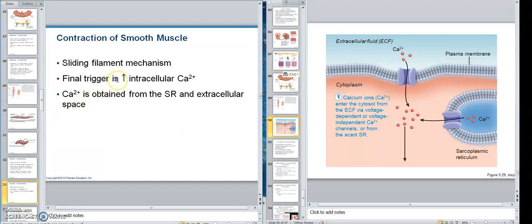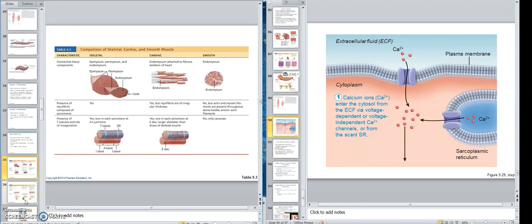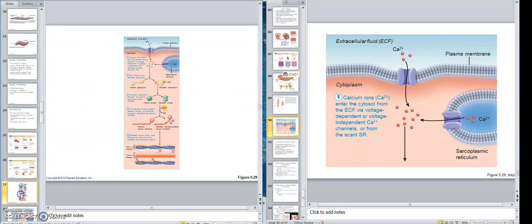Okay. Sliding filament. Increased calcium. And see what happens is, don't get real heavy. It binds to calmodulin. There's no troponin. And then you activate a kinase which splits ATP. Okay. So again, just some concepts to hit.